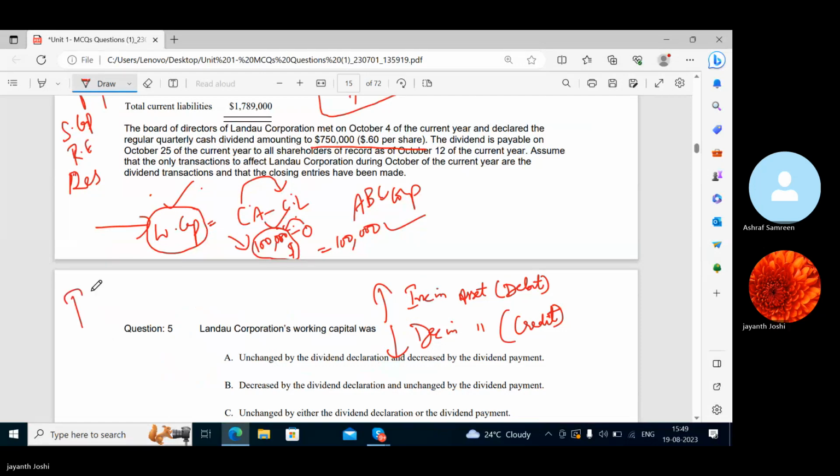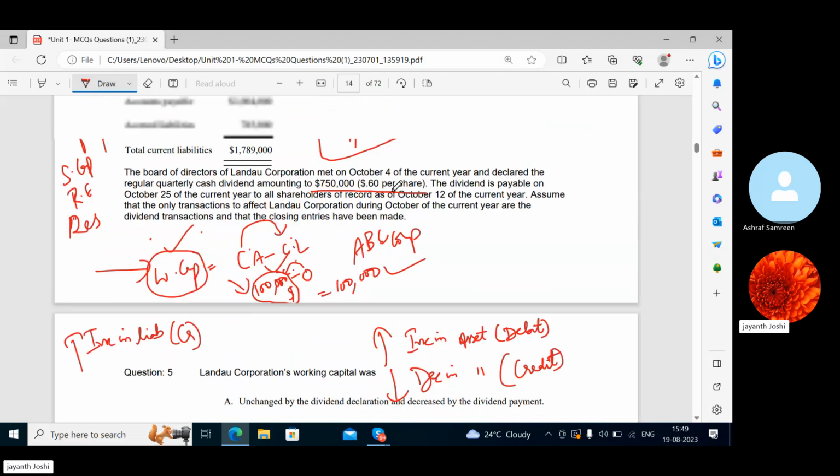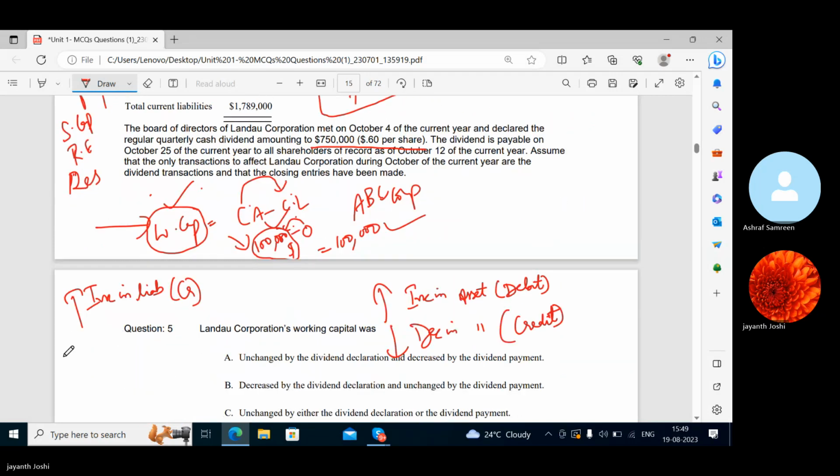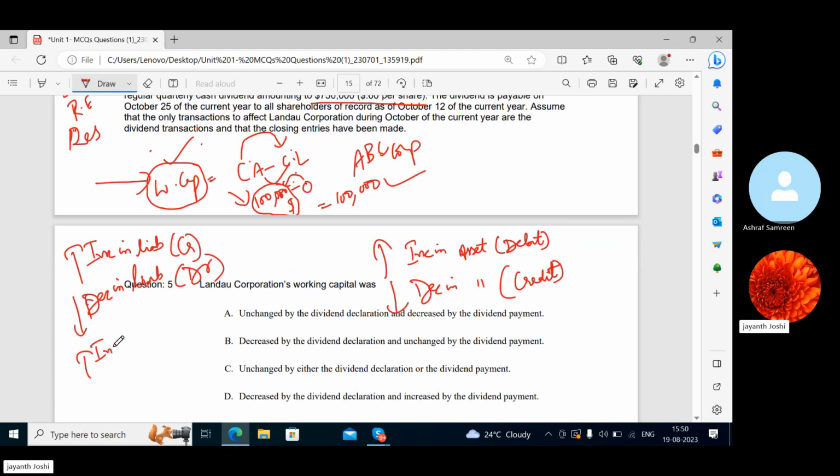Increase in liability is credit. As our liability is increasing, I have put that on the credit side. Decrease in liability is debit. Increase in expense is debit.